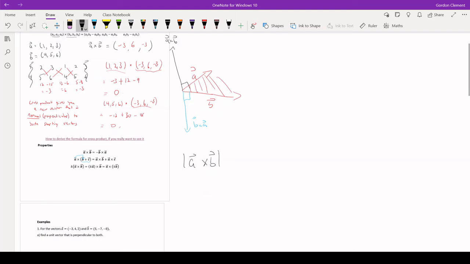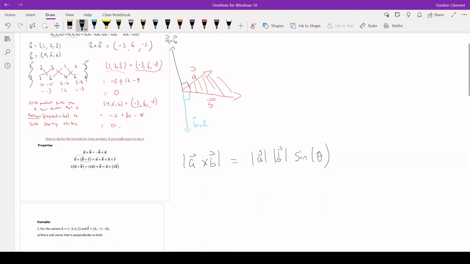The magnitude of that vector, so how long it is sticking out of the plane, always works out to the magnitude of A times the magnitude of B times the sine of the angle between these two vectors. So that's how long the vector is, and then which way it sticks out, either up or down, there's something called the right-hand rule that would show the direction.